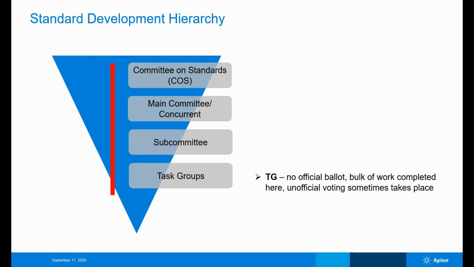The majority of the work, which includes the technical presentation, then moves to a request for a work item, which is assigned by the subcommittee. A task group is then formed and assigned to that work item. The task group is composed of technical experts from the industry who are working to develop a standard for common use.